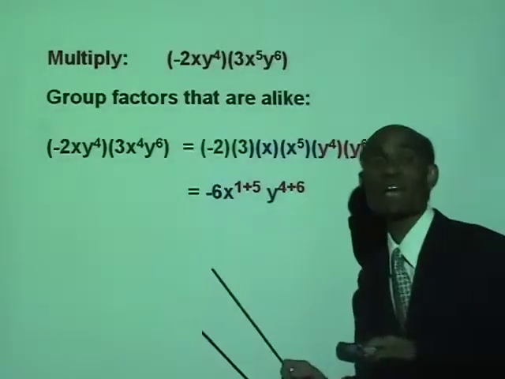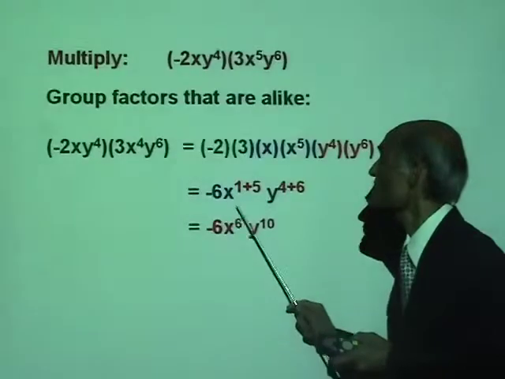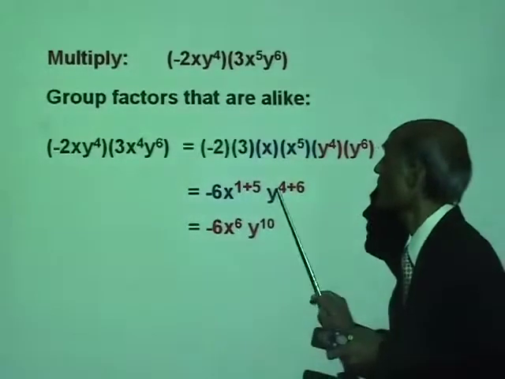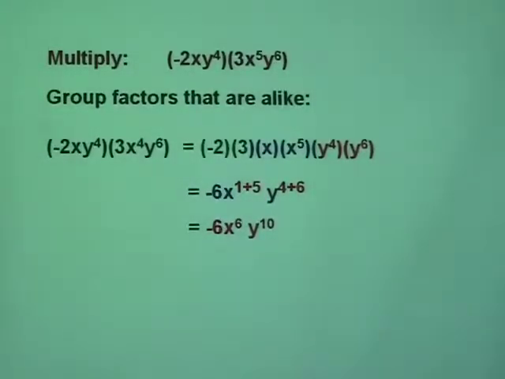So what is the answer equal to? That will be negative 6x to the power of 1 plus 4 equal to 5, times y to the 10. Now, let me make that correction momentarily. This is not x to the power 5, that will be 4, and therefore that will be 5.